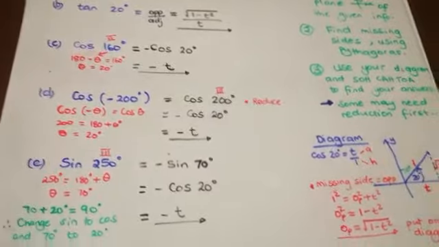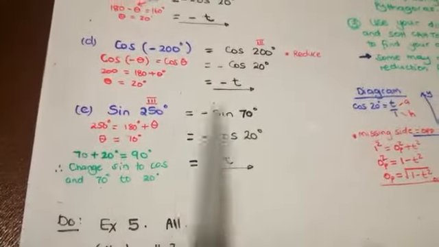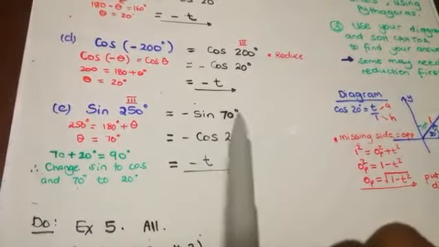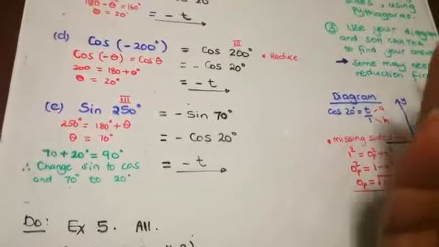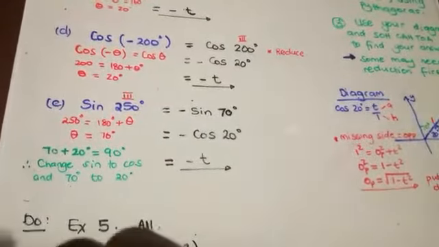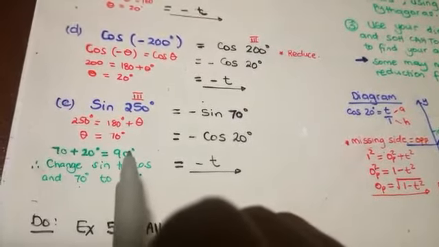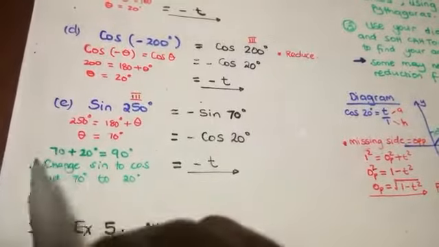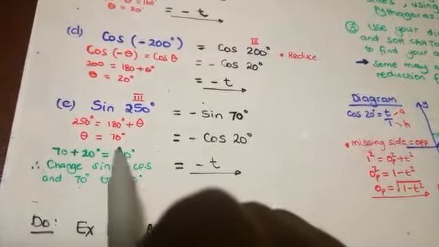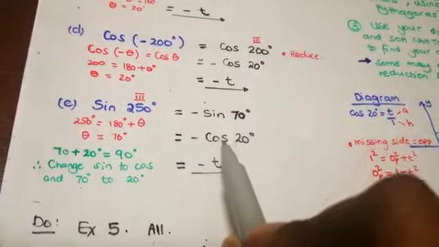Then you can find your sine 70. But I have decided to do it like this. So remember, sine 70, it's a cofunction with what? With cos. Why? 70 plus 20 is equal to 90. So remember, if the two angles add up to 90, it means I can change sine to cos.